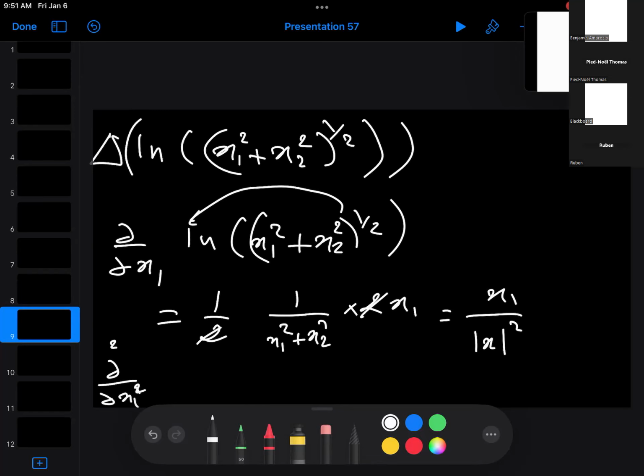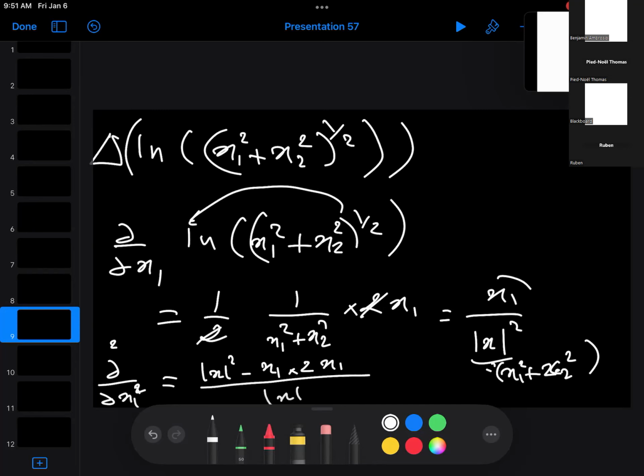The derivative of x1 is 1, so I obtain 1 over the norm of x square, minus x1 times 2x1, that is the derivative of x1 square plus x2 square, divided by this quantity square.